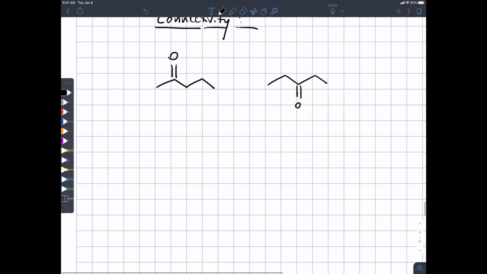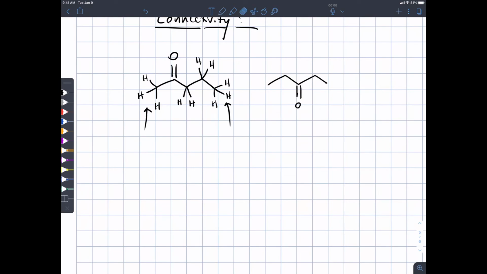And if I look at that, I could say, well, the number and quantity of different kinds of hydrogens could be informative. In the molecule on the left, I have a methyl group here, but it's different from the methyl group there.